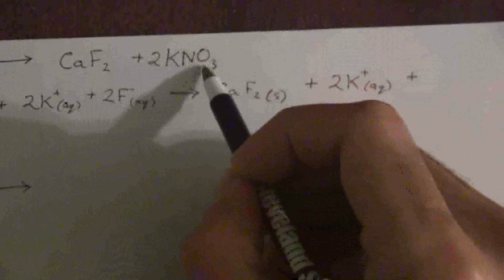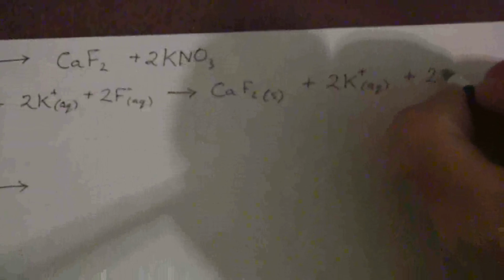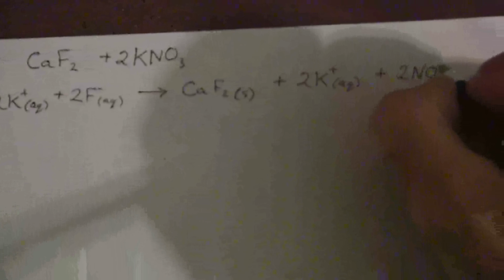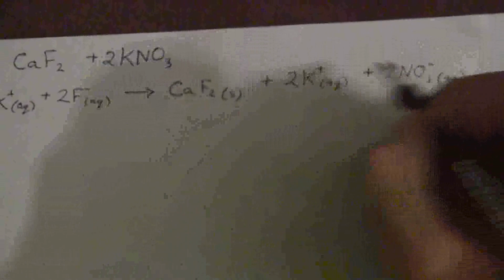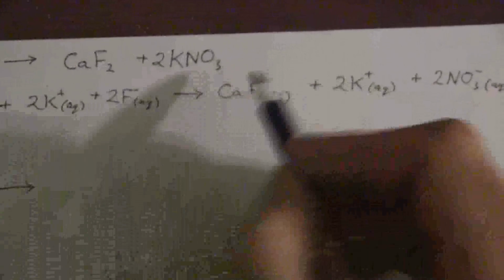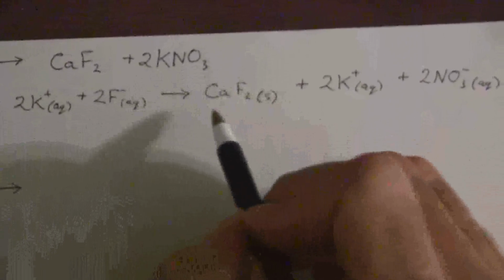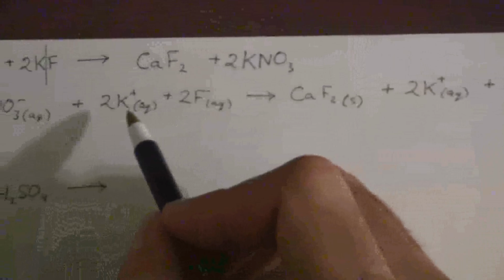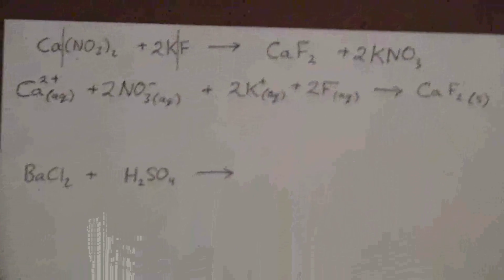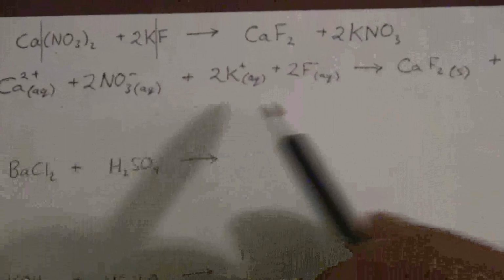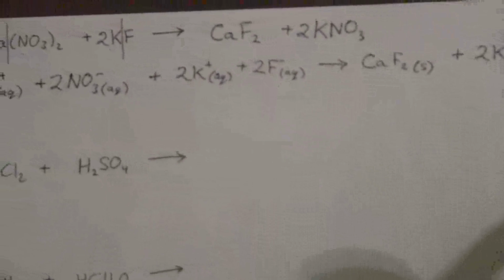I also have 2 nitrate ions. Okay? Don't forget to write those charges. We don't have any charge on the compound, but on all of the ions we will have charges. Okay? So here is my complete ionic equation.